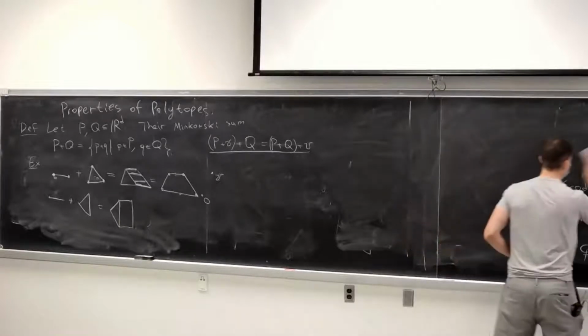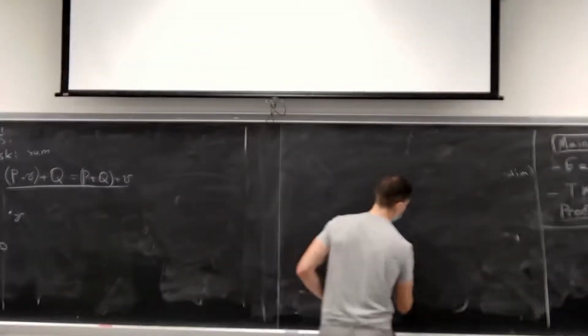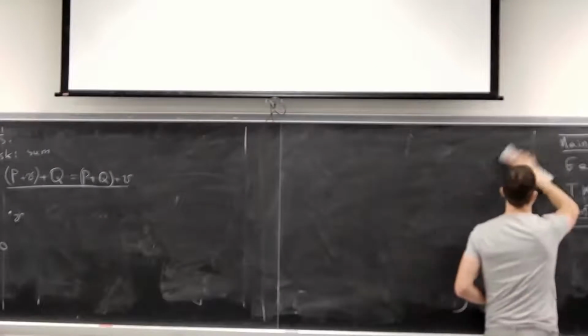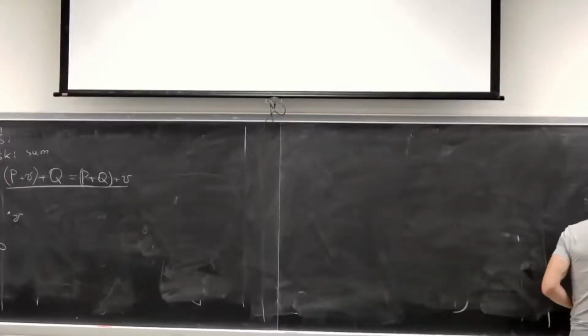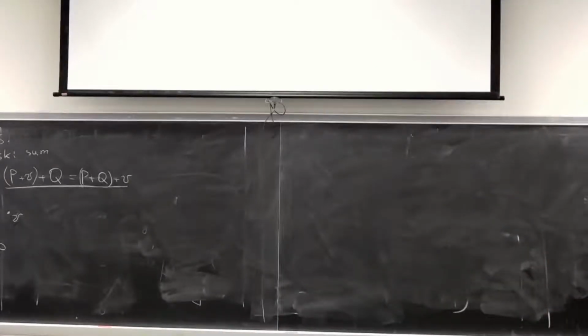So now you can ask all sorts of questions. What is a face of the Minkowski sum of two polytopes in terms of the faces? Let me actually leave the main theorem for now.